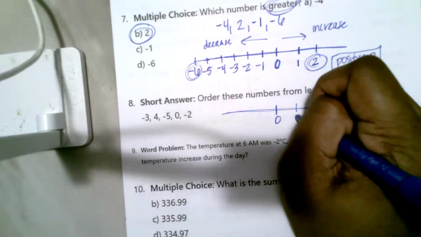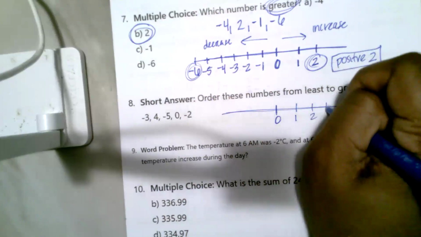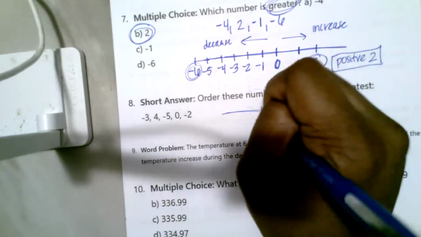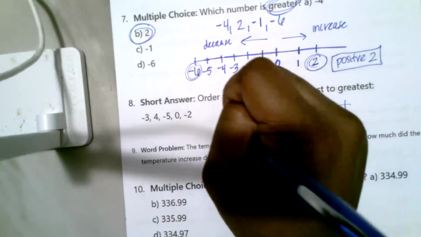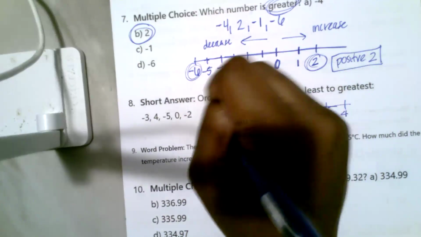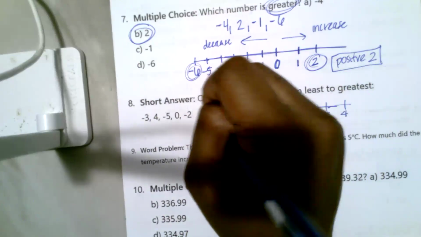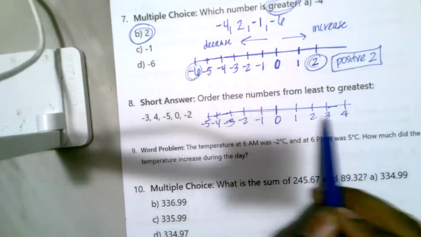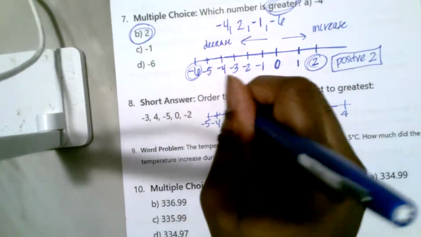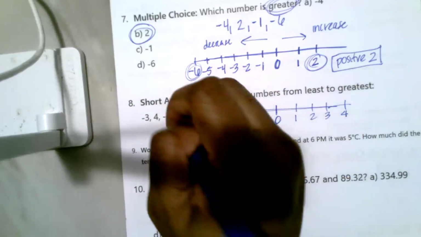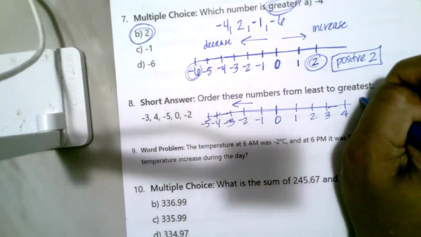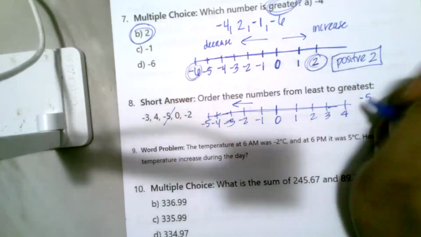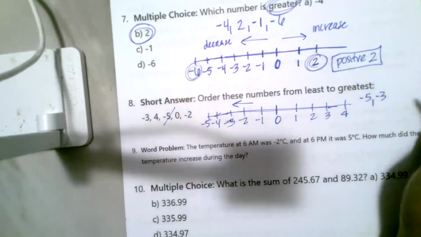0. So the smallest number is the furthest to the left, and the smallest number will be negative 5. So it'll be negative 5 first, then negative 3.